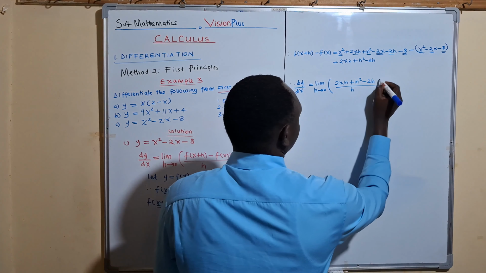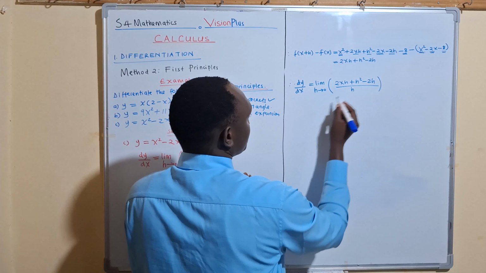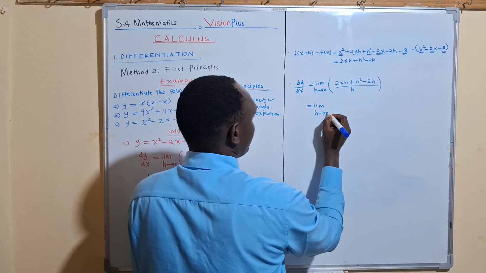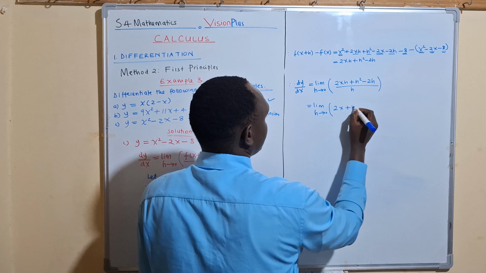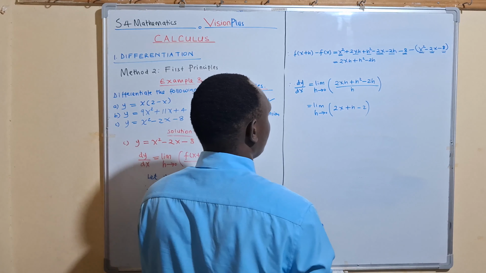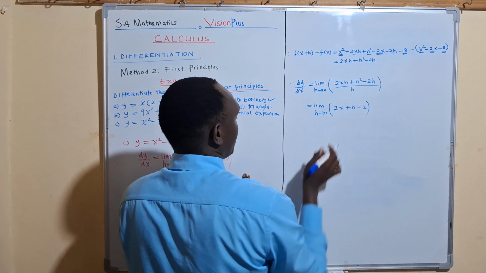So let us divide all the terms by h. That gives us the limit as h tends to 0 of 2x plus h minus 2, after dividing all the terms by h.